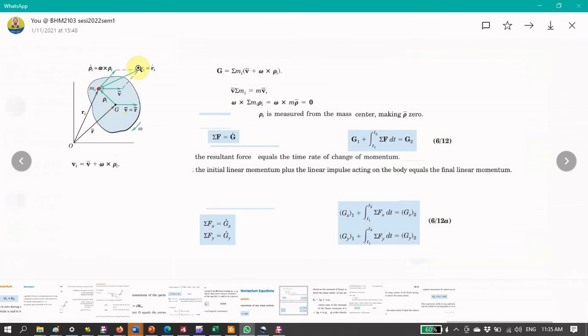It has a velocity there, vi, and the time rate of change of position is r dot i, and we have the relative velocity of that point given by the rotational speed times the position vector from the mass center.